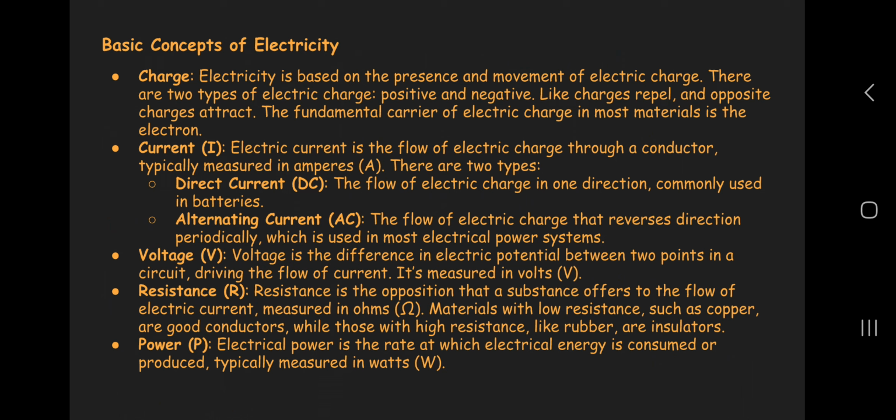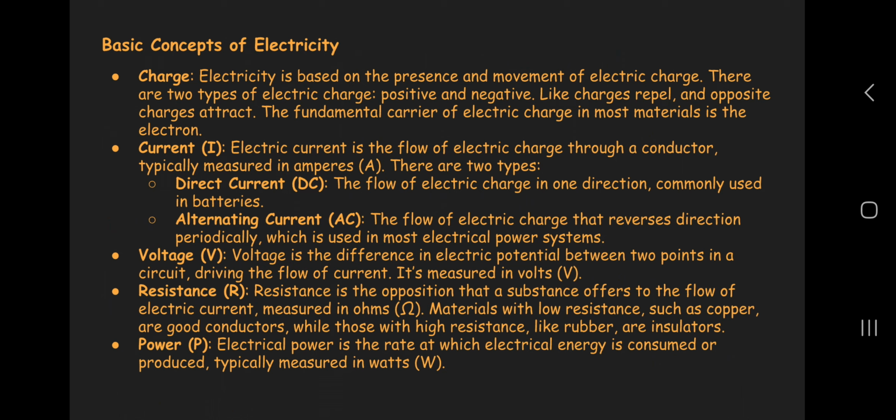Voltage. Voltage is the difference in electric potential between two points in a circuit, driving the flow of current. It's measured in volts, V. Resistance. Resistance is the opposition that a substance offers to the flow of electric current, measured in ohms.